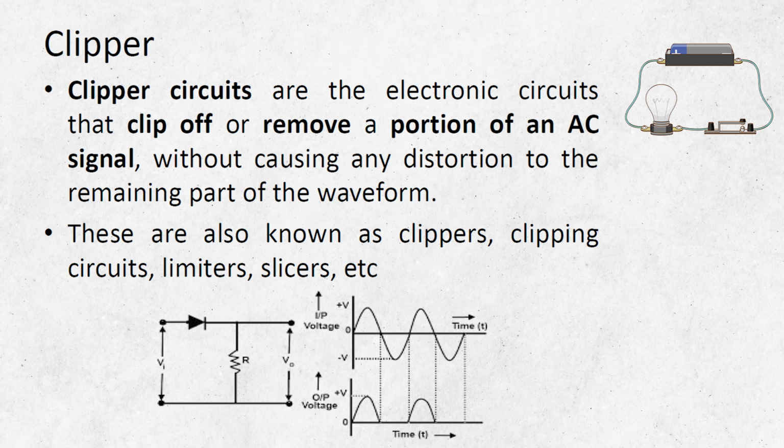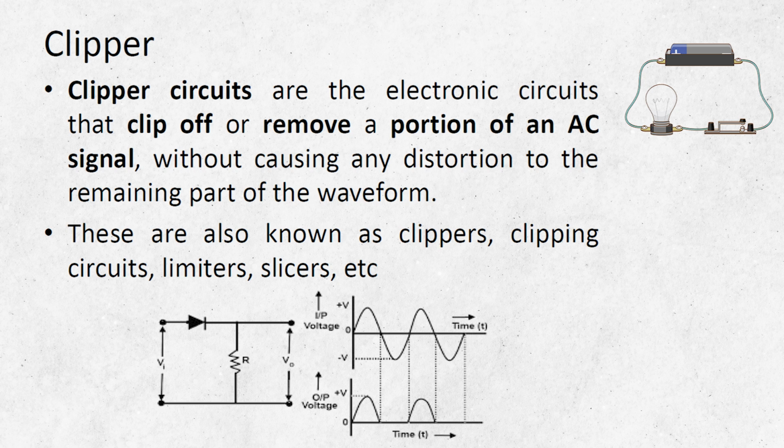The below figure shows a simple clipper circuit which has a diode, a resistance, and input and output. We can see the output here is that of a half wave rectifier. A half wave rectifier is the best example of a clipper circuit.